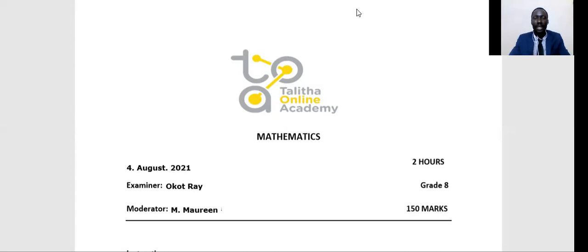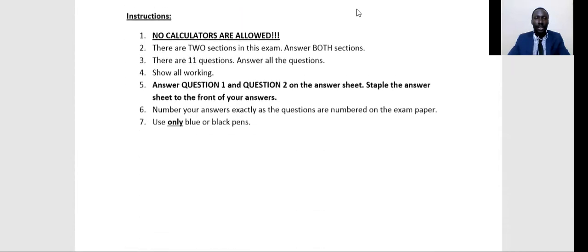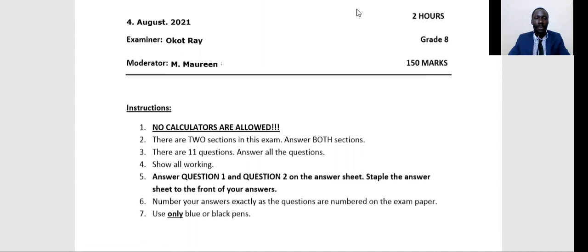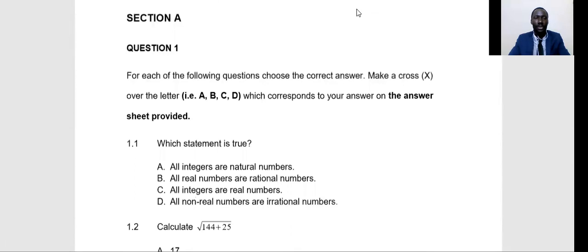Now, for this lesson, as I indicated, we will be discussing the solutions to the questions that you just did. The questions start with question 1.1 with these instructions: for each of the following questions, choose the correct answer. Mark a cross X over the letter A, B, C, D which corresponds to your answer on the answer sheet provided.